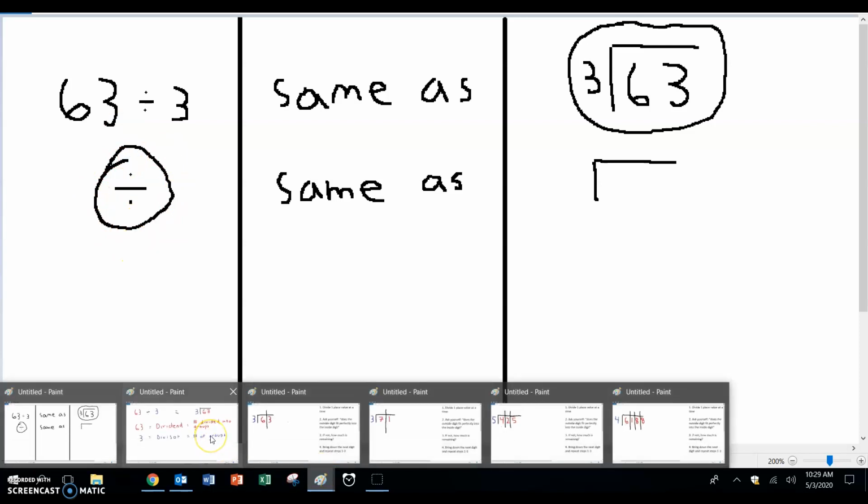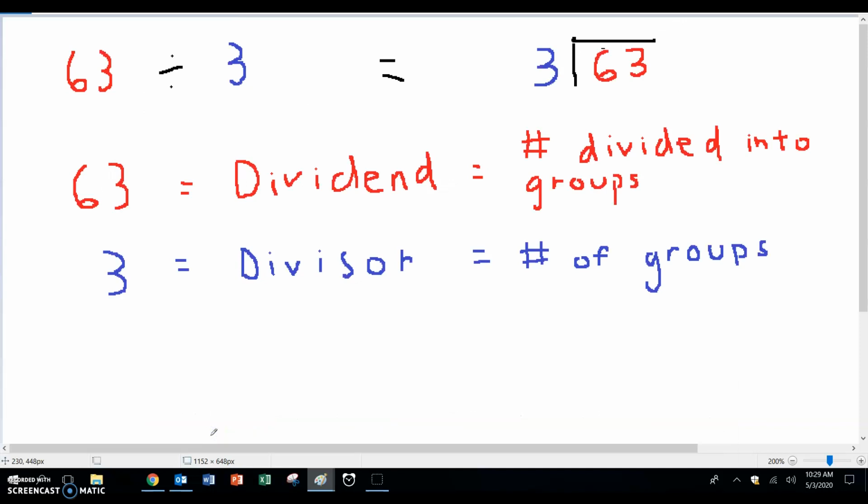But just what are we dividing? Now we're going to take a little time to define some key terms. 63 divided by 3. 63 is what we call our dividend. It is the number that is being divided into groups. The 3 is what we call our divisor.